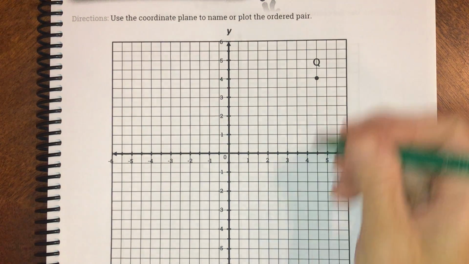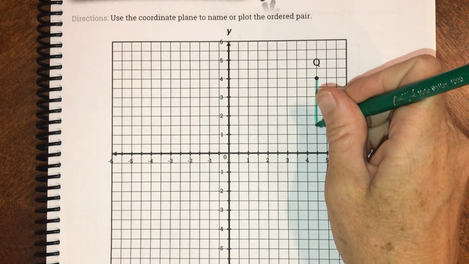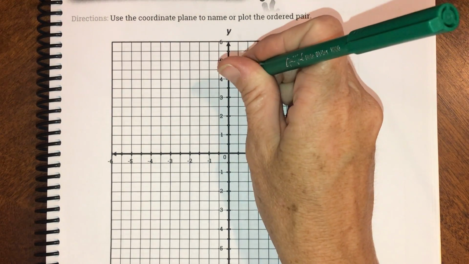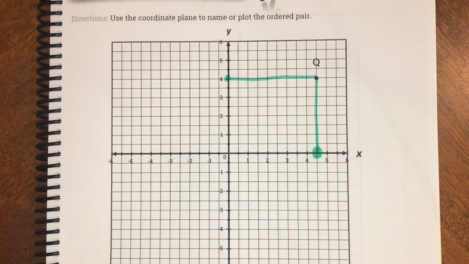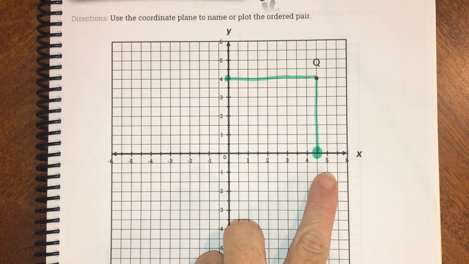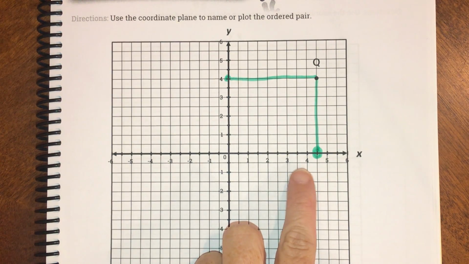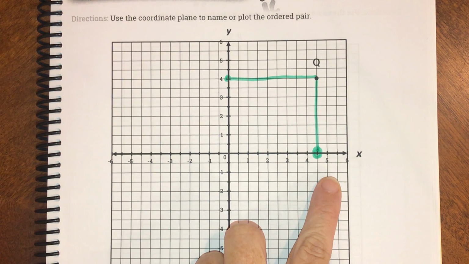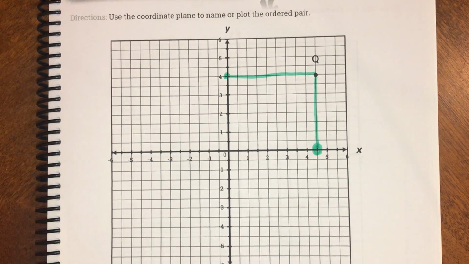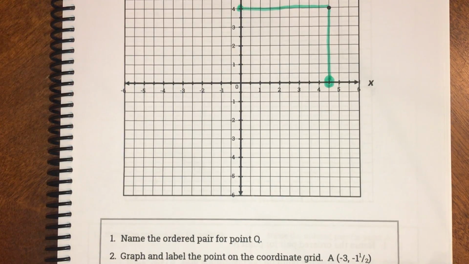Remember, an ordered pair is always going to be an X and a Y. Here's my X, and here's my Y. My X looks like it's right between +4 and +5, so that could be +4.5. And my Y is exactly at 4.